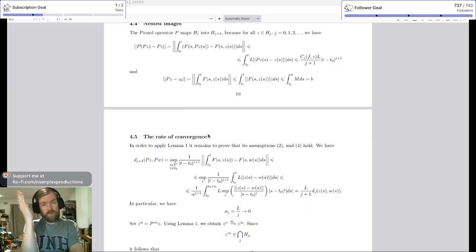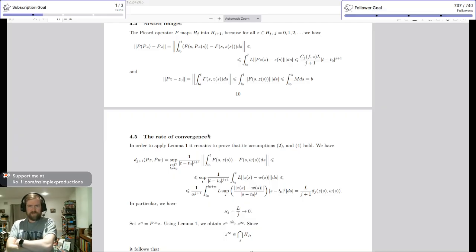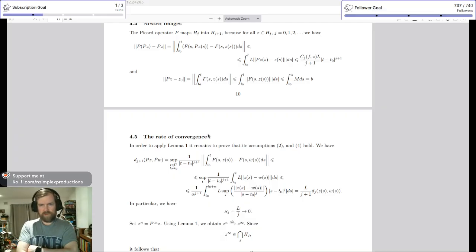It's going to take the previous argument, and we're just doing another nesting of p on pz minus z. The argument follows as already has.